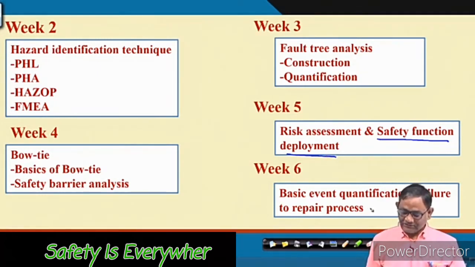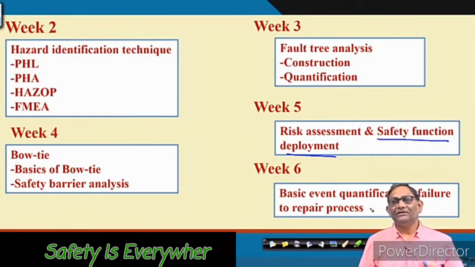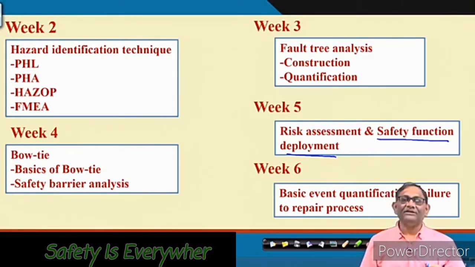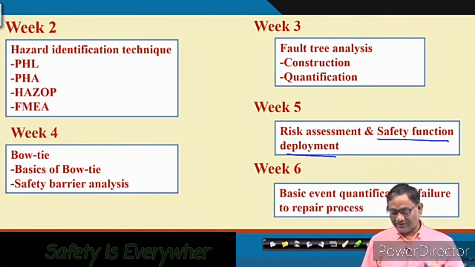So, in week 6 you have seen some probability, reliability, availability, then survival function, then failure distribution, and so many mathematical issues. And I know if you are a practicing engineer, then you have faced a little problem in accepting or understanding this, but nevertheless these are very important concepts.